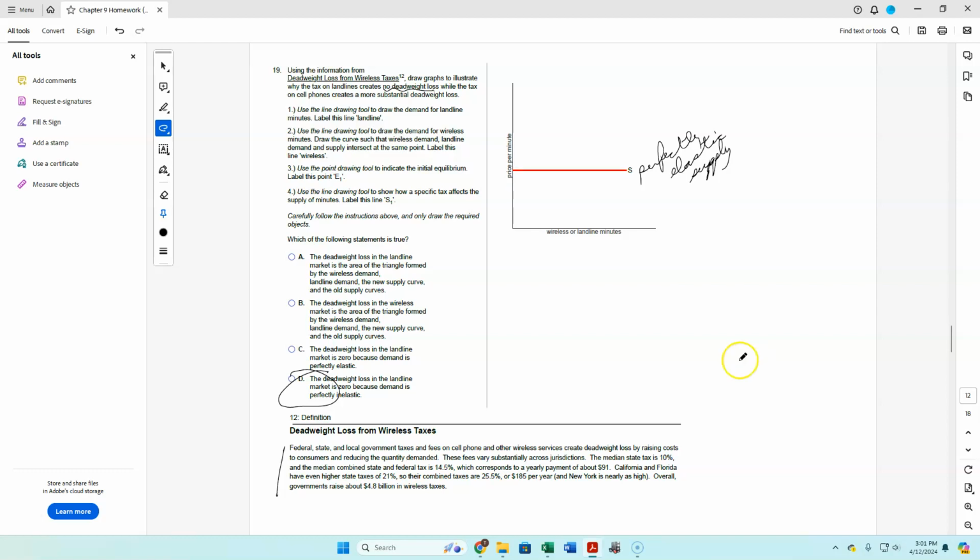So you would need your demand like this, and the supply for wireless versus landline is no different, right? So if this was landline, then this is wireless, and there'd be no difference in the quantity between the two. And you only get that if the demand curve is perfectly inelastic.